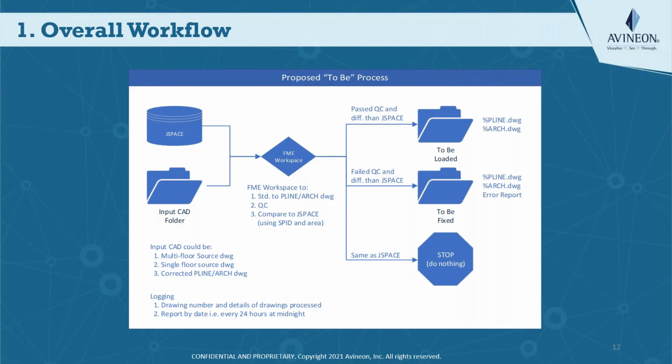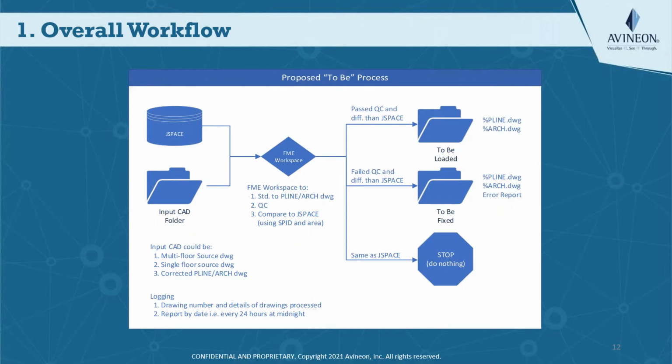It's one workspace right now. And what that FME workspace is going to do is take those drawings and standardize them into the P-line and arch specifications. So you're going to start with one drawing and you're going to end up with 2 or more, depending on the number of floors in the drawings.